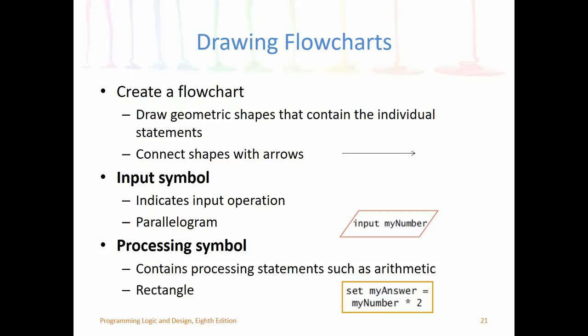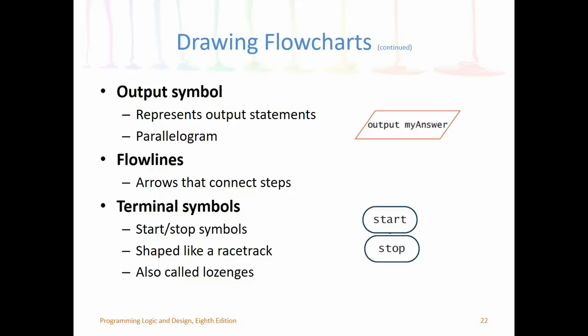Drawing a flowchart. Create a flowchart, which is to draw geometric shapes that contain the individual statements. Connect shapes with arrows like this one. Input symbols, which is this one in front of you, indicate an input operation. Then the processing symbol, which contains processing statements such as arithmetic, which is a rectangle.